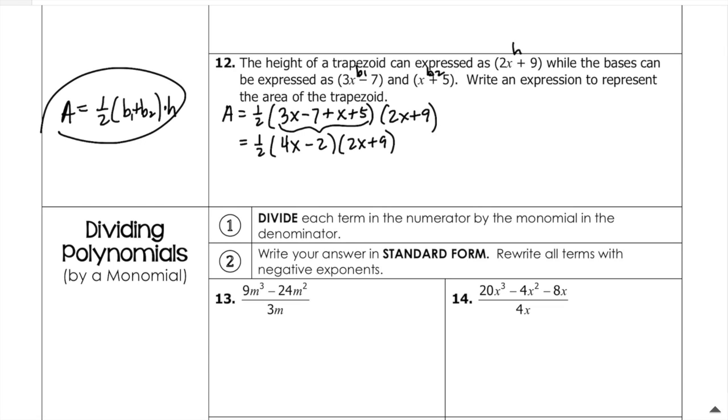Let's just multiply this piece by a half. If I take half of 4, I will have 2, and if I take half of 2, I will have 1. And I still have this 2x plus 9.